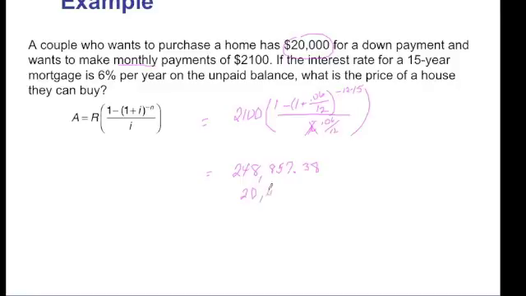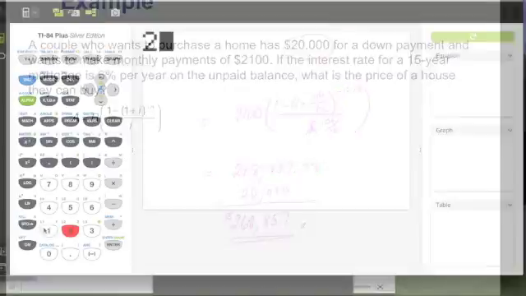So adding that on, we'll find out that this couple can buy a house worth $268,857. We're not going to worry about the 38 cents when we're talking about the price of a house.